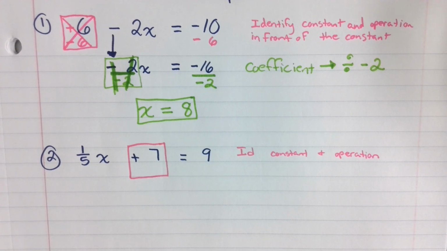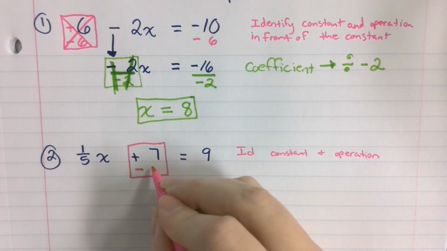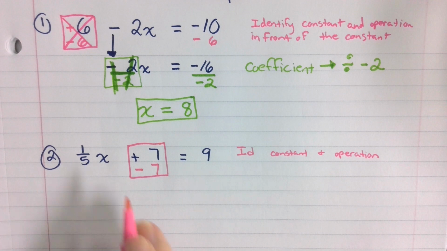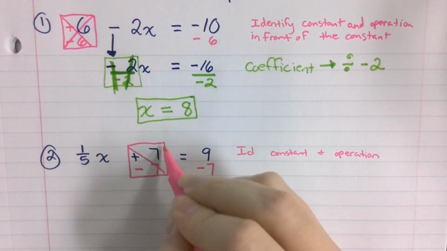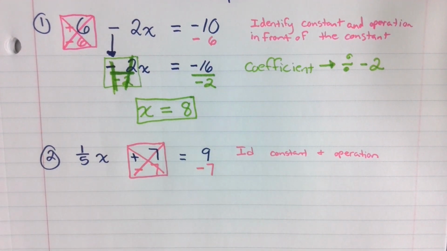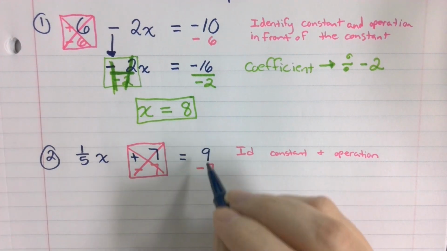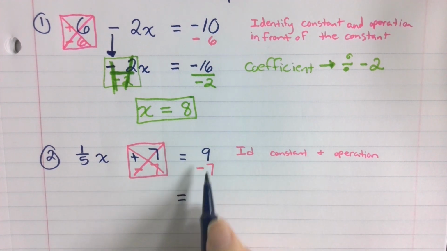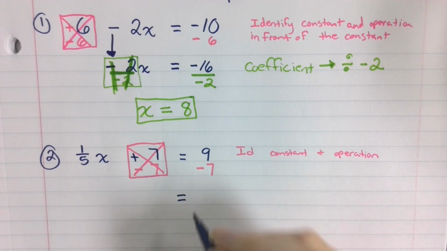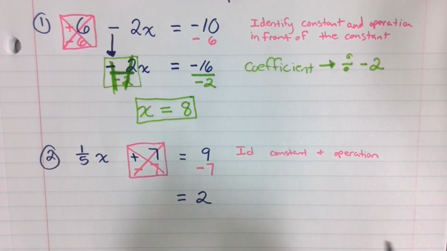And we're going to instead do minus 7. Instead of adding 7, we're going to subtract 7. And we're going to do it from both sides. We're going to cross this off. What is 9 minus 7, guys? 2. Wake up. Come on.